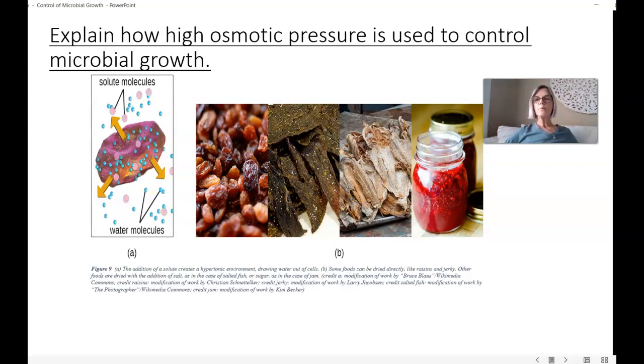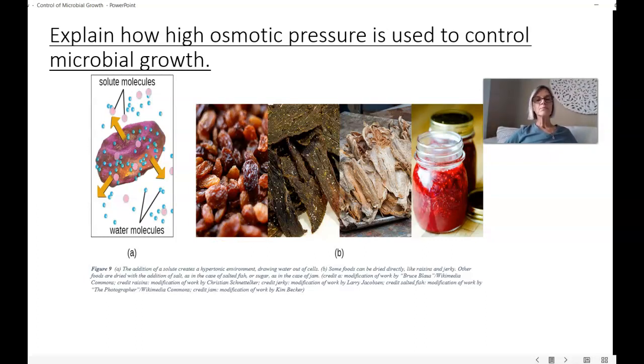And well before people understood anything about microorganisms, they used different kinds of osmotic conditions or hypertonic solutions to control the growth of microorganisms in food and to preserve food. So we would do things like dry out fruit, like you might have dried apricots or dried grapes that turn into raisins.